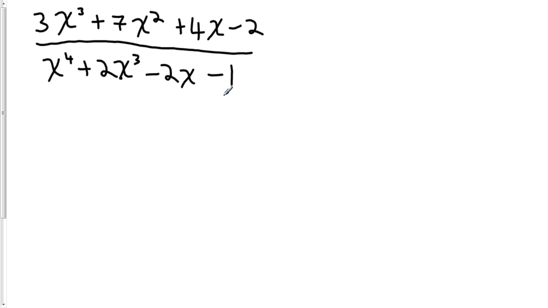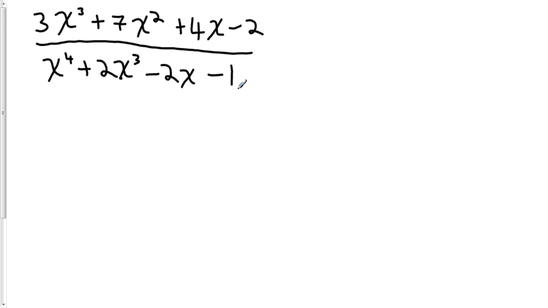I'm looking for either positive or negative 1 to be my zeros. If the constant or the leading coefficient had more factors, I would have a longer list of possible rational zeros. But since it's a 1 and a 1, the only possible rational zeros are positive or negative 1.